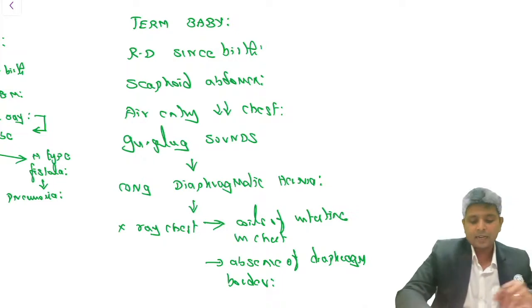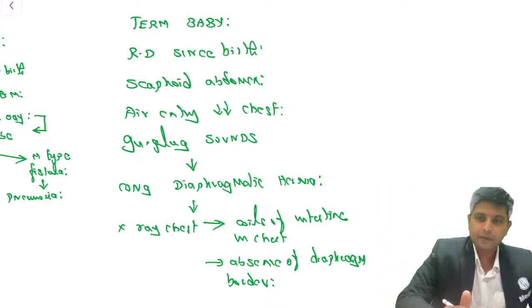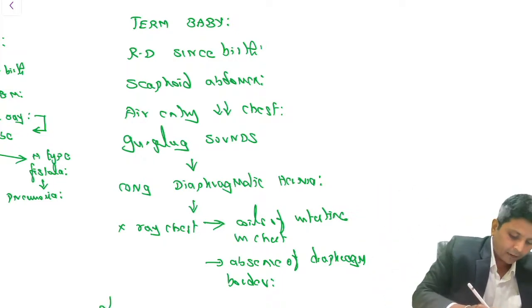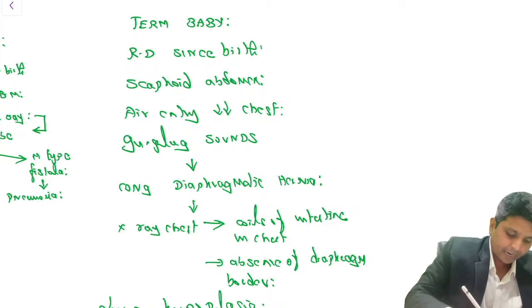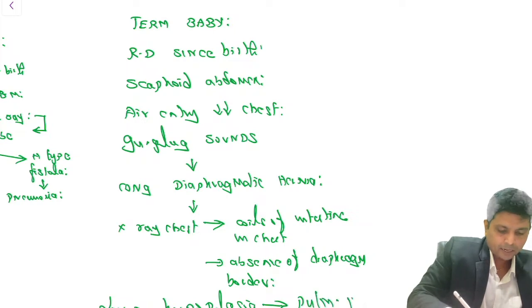But if a congenital diaphragmatic hernia is present, what will happen? It will lead to lung hypoplasia, as a result of which the child can go on to pulmonary hypertension.